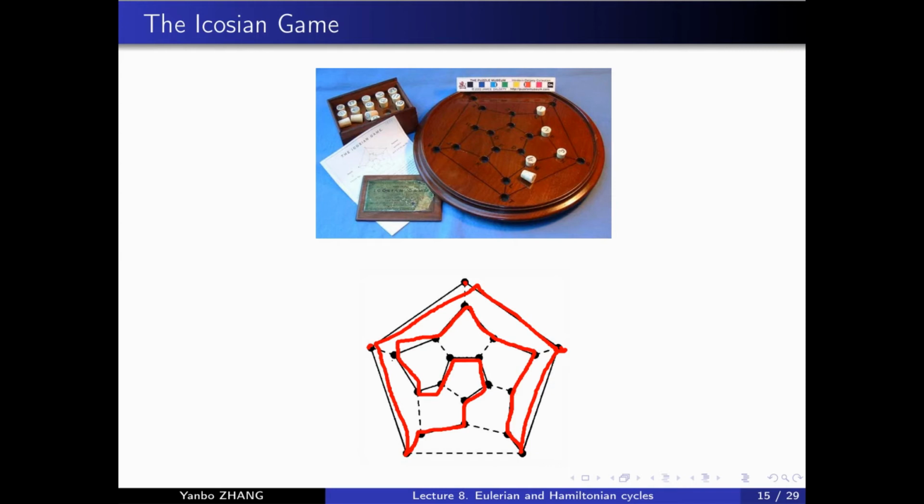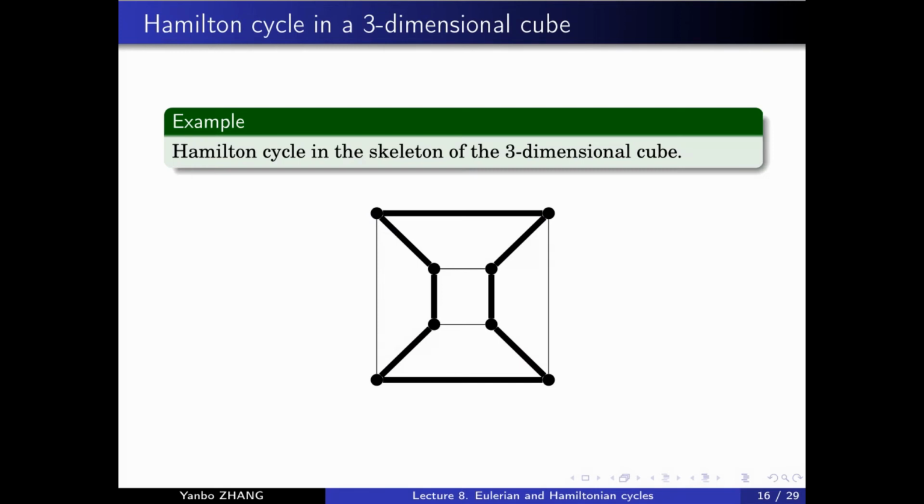This is a Hamilton cycle, a cycle that visits every vertex exactly once. This is a three-dimensional cube. The bold black edges form a Hamilton cycle.